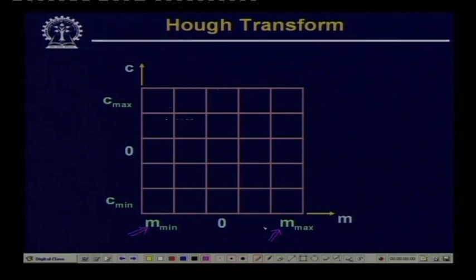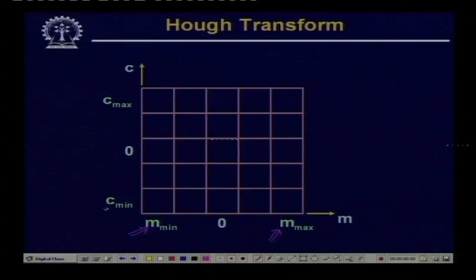Similarly, for c, this is also subdivided, and the total range is within an expected minimum value and maximum value. So, c minimum is the expected minimum value of the intercept c, and c maximum is the expected maximum value of the intercept c. Within this range, this space is divided into a number of accumulator cells.